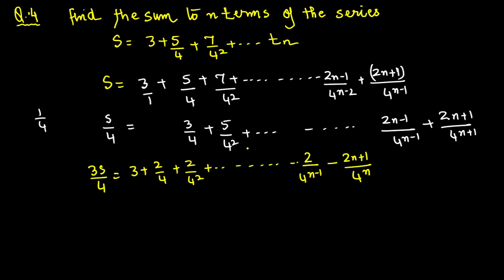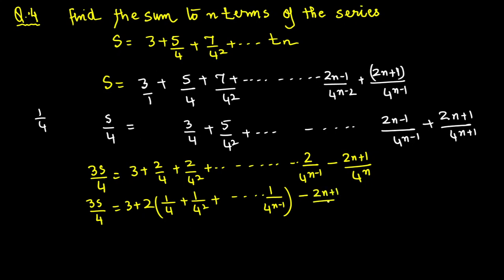Now see, this 3s by 4, this is 3, I am taking common 2, it becomes 1 by 4 plus 1 by 4 square, dotted, 1 upon 4 to the power n minus 1, minus 2n plus 1 upon 4 to the power n, because here it is a 0, so 0 minus this, minus. From here I can say 3s by 4, I can simplify it 3 plus 2. First term is 1 by 4 minus 1 by 4. Number of terms, see here, number of terms from here to here, it is n minus 1.